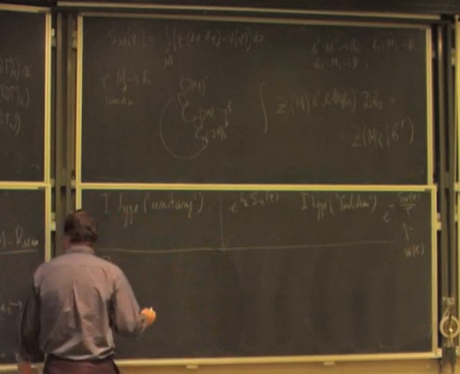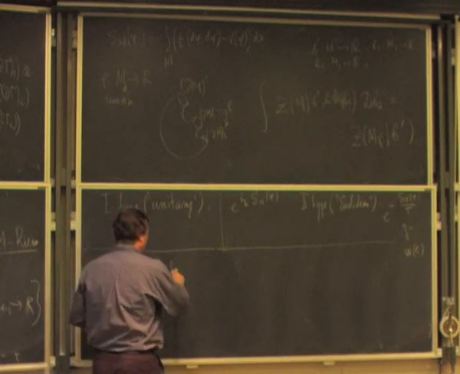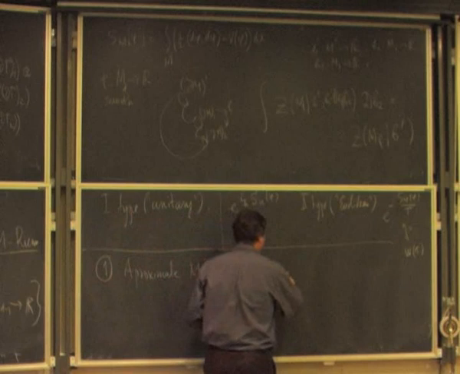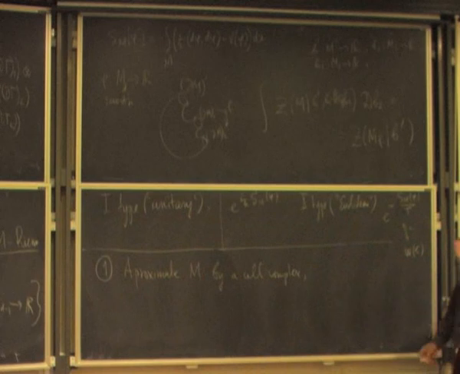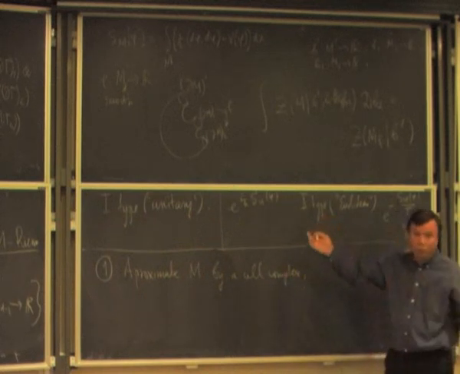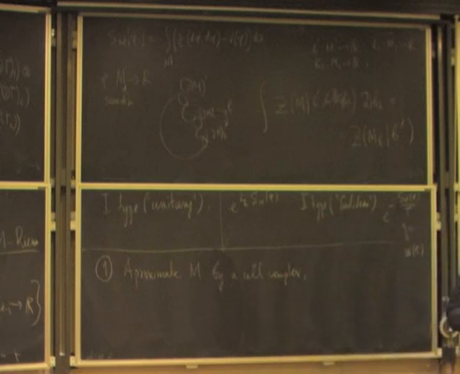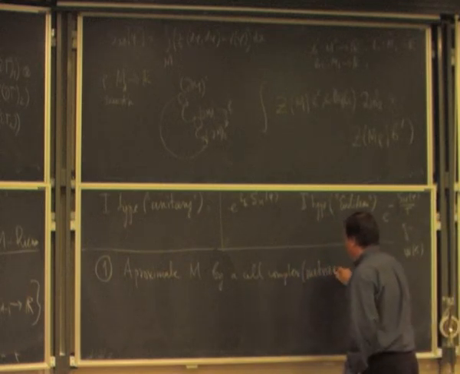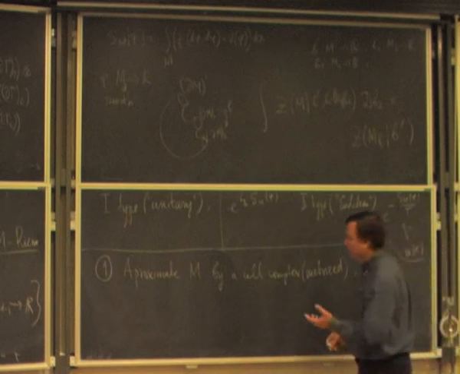So, possibility number one, it's the most natural one. Let's approximate M by a cell complex. And not only M, but the whole space-time category, let's approximate it by metrized cell complexes. So then the space of fields will be the space of maps.